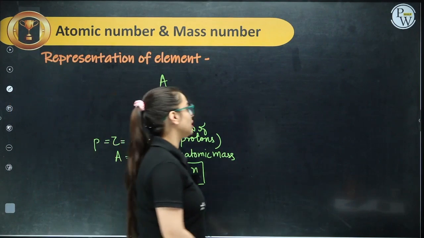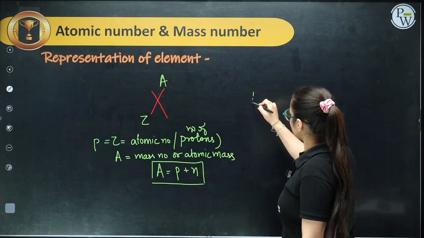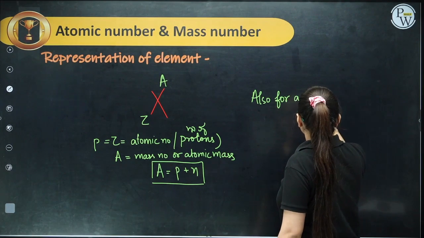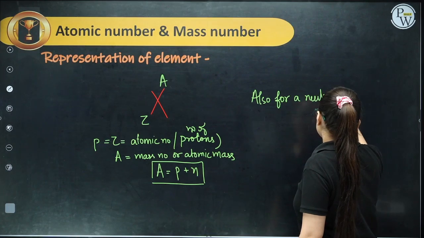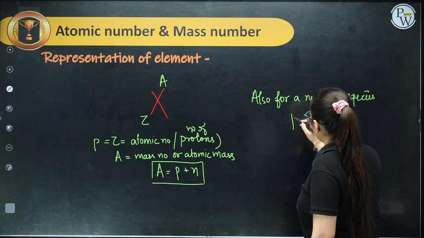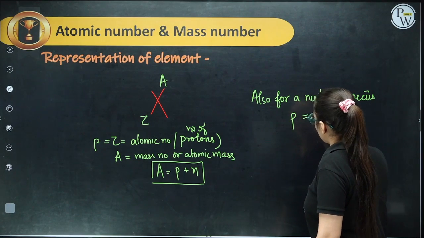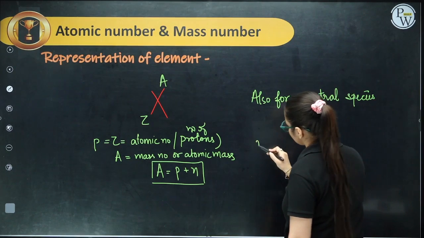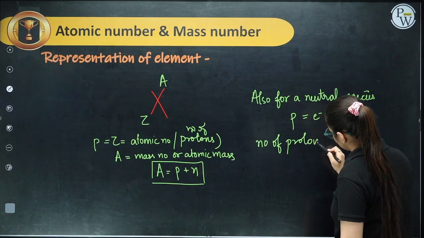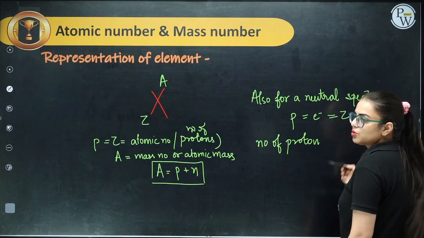Also write one more thing. For a neutral species, the number of protons is equal to the number of electrons. That means it is equal to the atomic number, right?